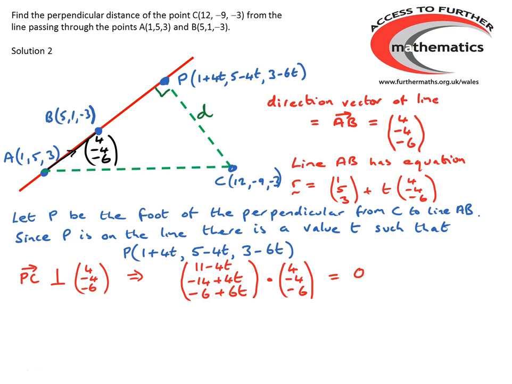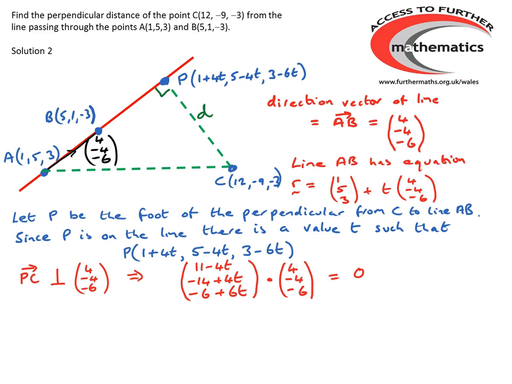If I start at 5 minus 4t and move to -9 in the y direction, then that is a movement of -14 plus 4t. And if I start at 3 minus 6t and move to -3, then that is a movement of -6 plus 6t. So the vector P to C is the vector (11 minus 4t, -14 plus 4t, -6 plus 6t).